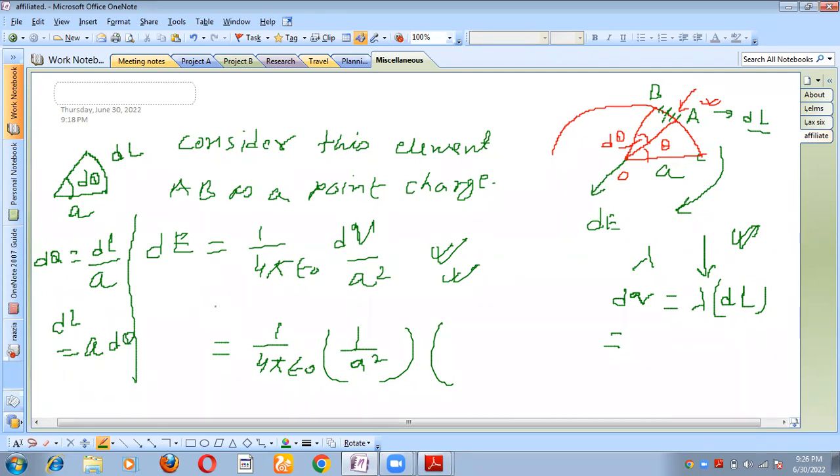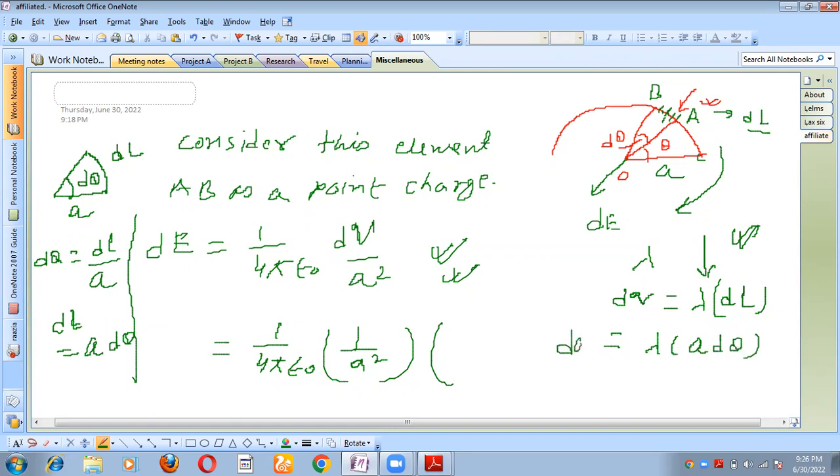Got my point? So this is how we can calculate arc length. Angle of an arc is always arc length upon radius. So from that we can calculate: lambda is given, dl is a d theta.